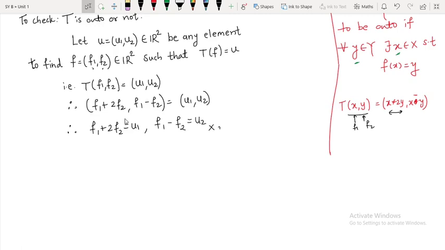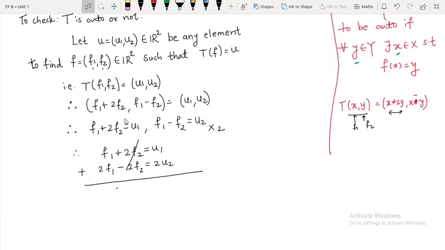Same logic, we will multiply this equation by 2. Therefore we will get f1 plus 2f2 is equal to u1 and 2f1 minus 2f2 will be equal to 2u2.